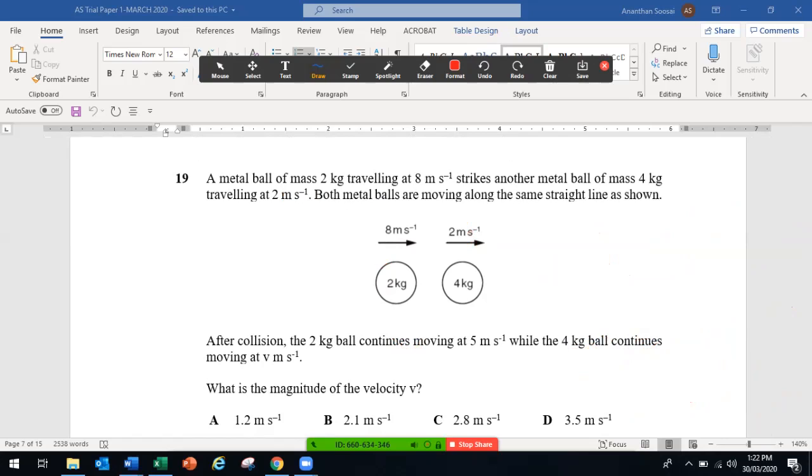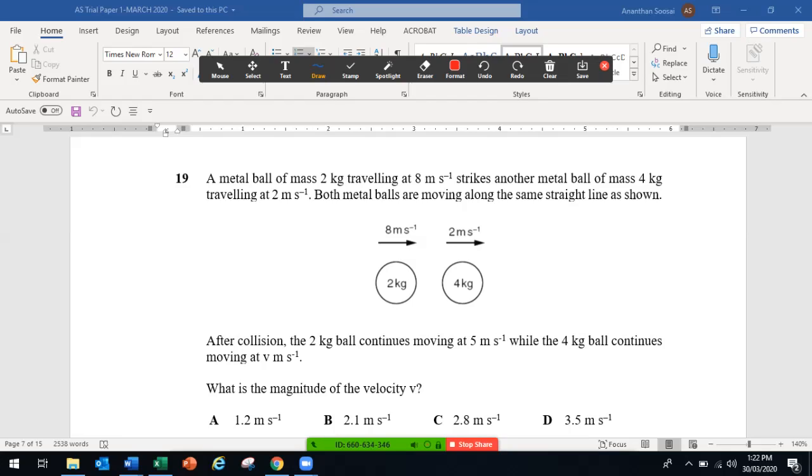A metal ball of 2 kilograms traveling at 8 meters per second strikes another metal ball of 4 kilograms traveling at 2 meters per second. Both move along the same straight line. After the collision, the 2 kilogram ball continues moving with 5 meters per second.